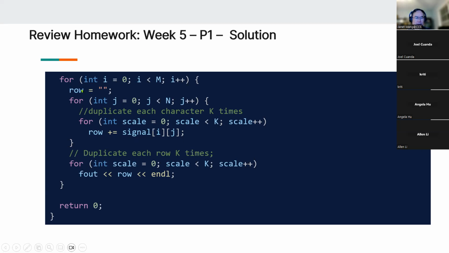You start with an empty string for this row, and for each element, you repeat it k times. Then when you're done with this row, you output it k times, so you duplicate the output. We will look at the actual code.